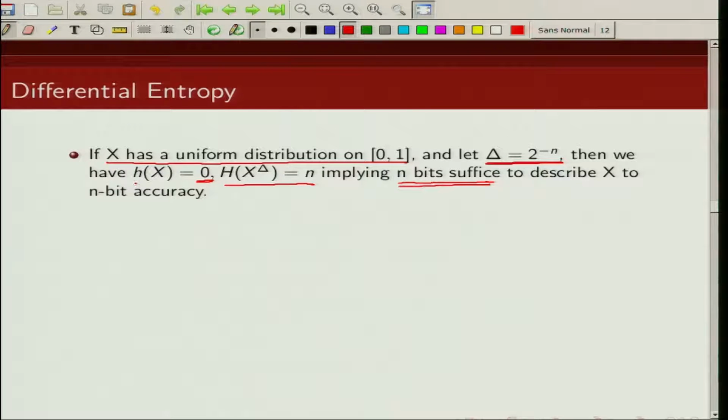Now here we have made use of the differential entropy of a uniformly distributed random variable. If you have a random variable which is uniformly distributed between 0 and A, its differential entropy from the definition is h of x equals minus the integral over the support of f of x log of f of x dx.